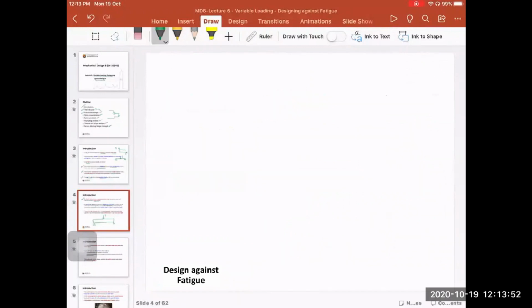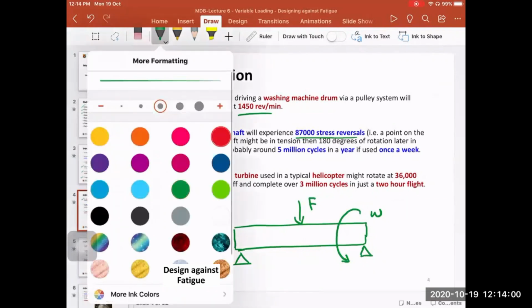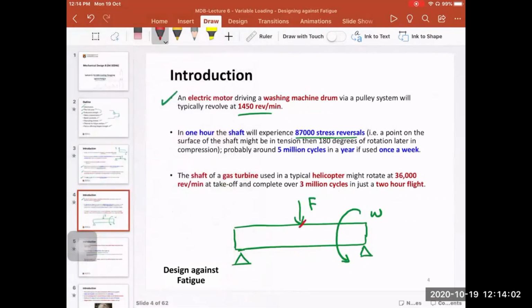So it's going to rotate with a specific RPM, or with a specific rotational speed. So this point here, at one point in time, is going to be here. And due to the bending, you see the distribution of the bending is something like this.